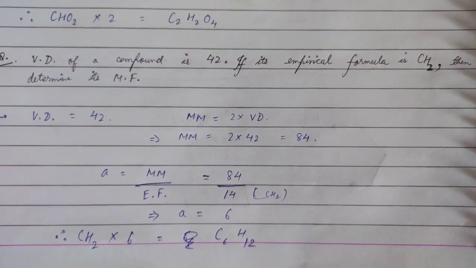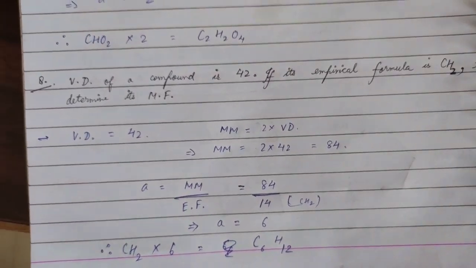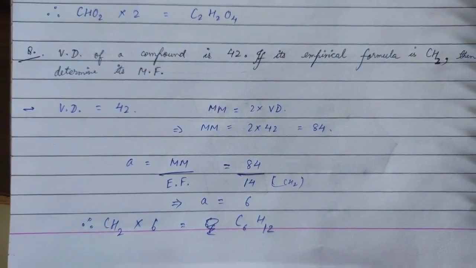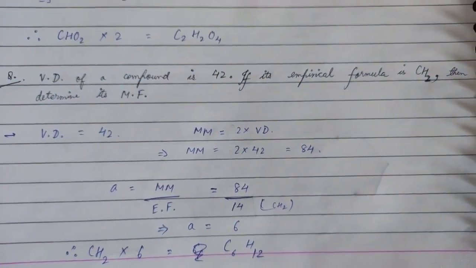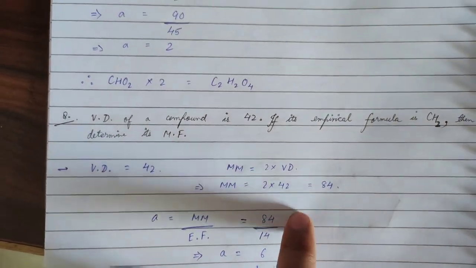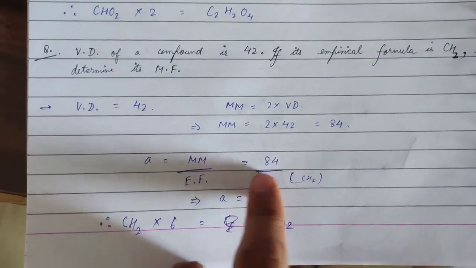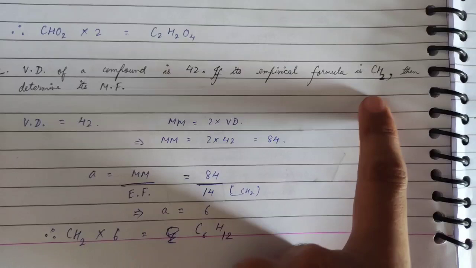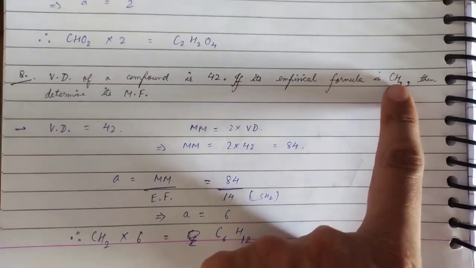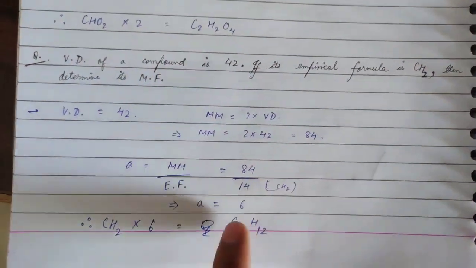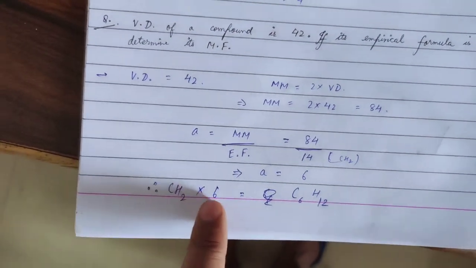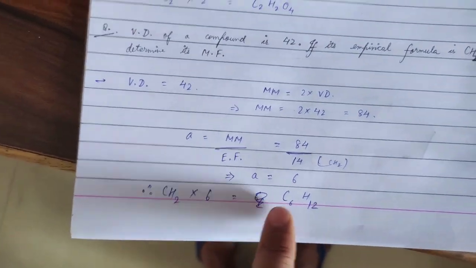Now we know that molecular mass upon empirical formula mass gives us the value of A. So it becomes 84 by empirical formula mass. C has a mass of 12 and H2 means 2. So 12 plus 2 gives us 14. 84 by 14 gives us 6.